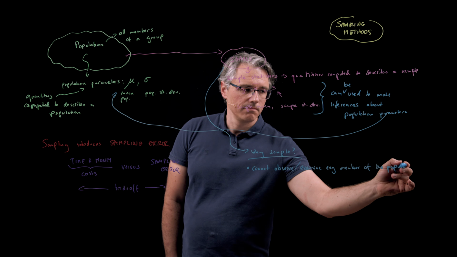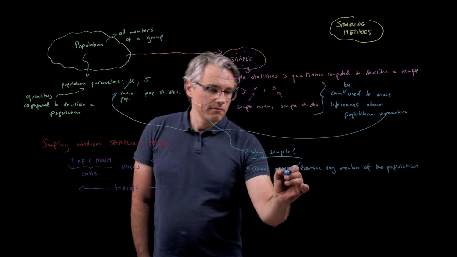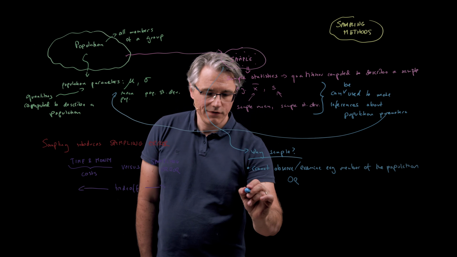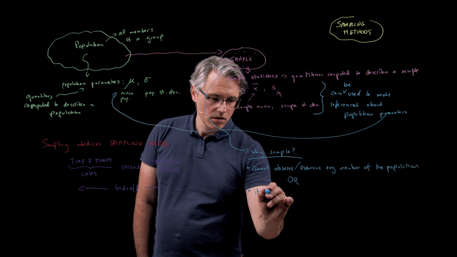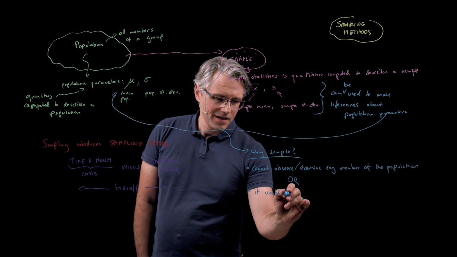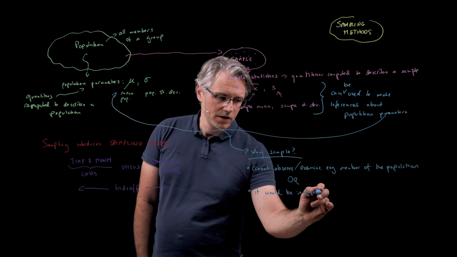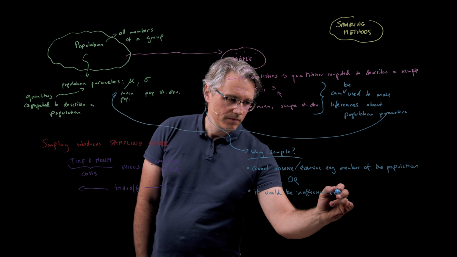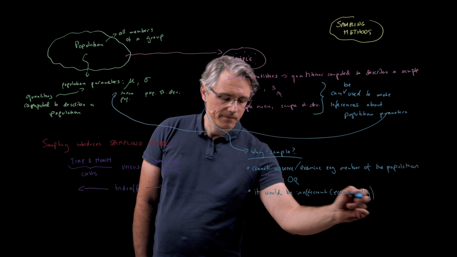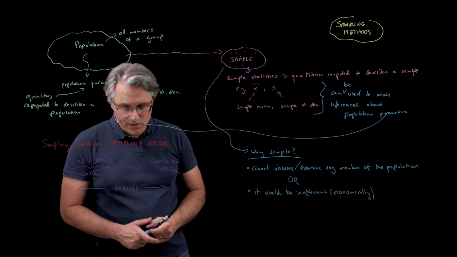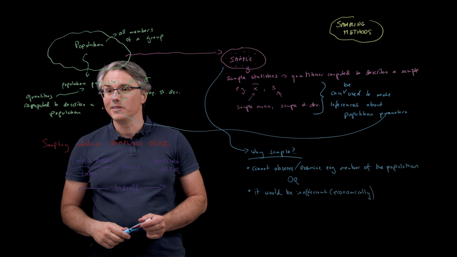It would just be impossible to do so. Or even if it were possible, it would be inefficient, economically, to do so. Too costly, too time consuming. Once again, back to the idea of time and money.